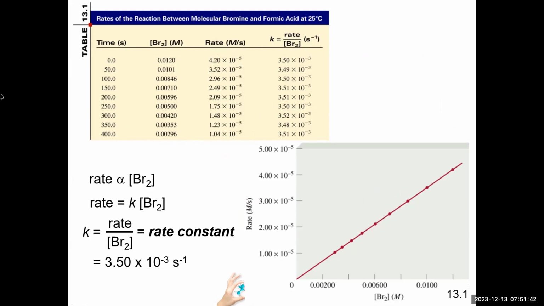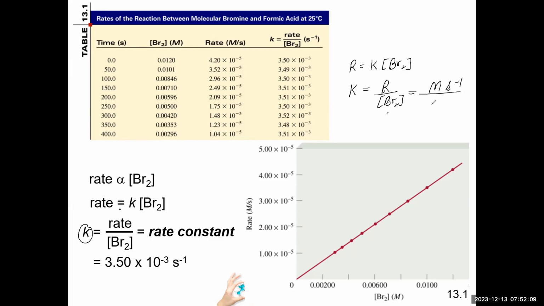Units. Rate constants will have some units. Like here, rate is equal to K times concentration of Br2. What is K? Rearrange: rate over concentration of Br2. What's the unit of rate? Molar per second.